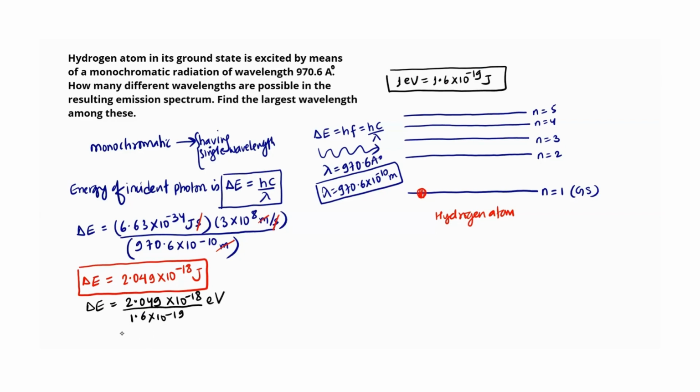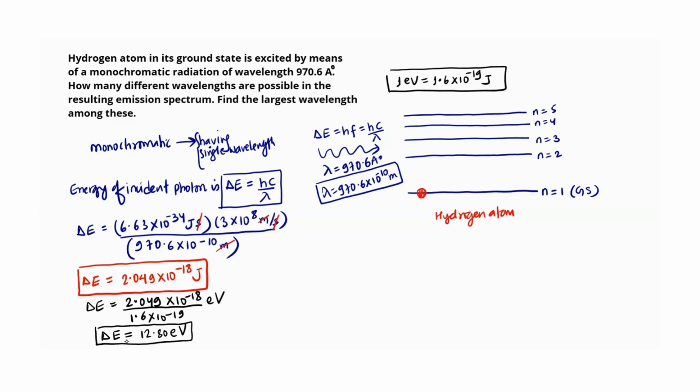After calculation, the energy of the incident radiation or photon delta E equals 12.80 electron volt.